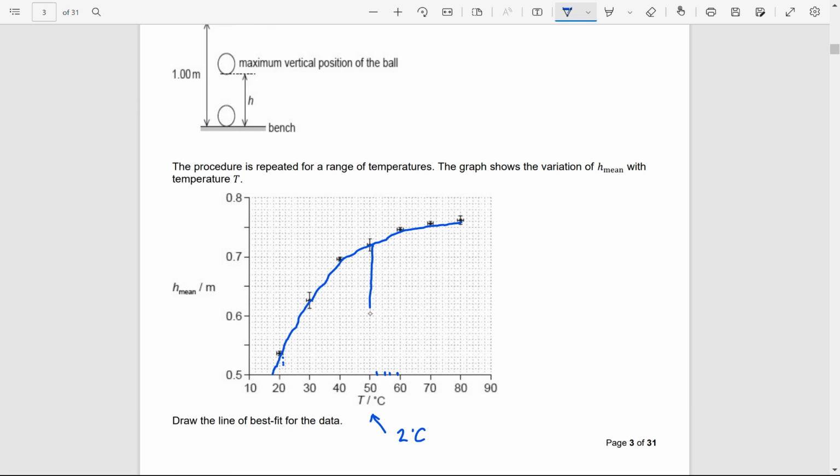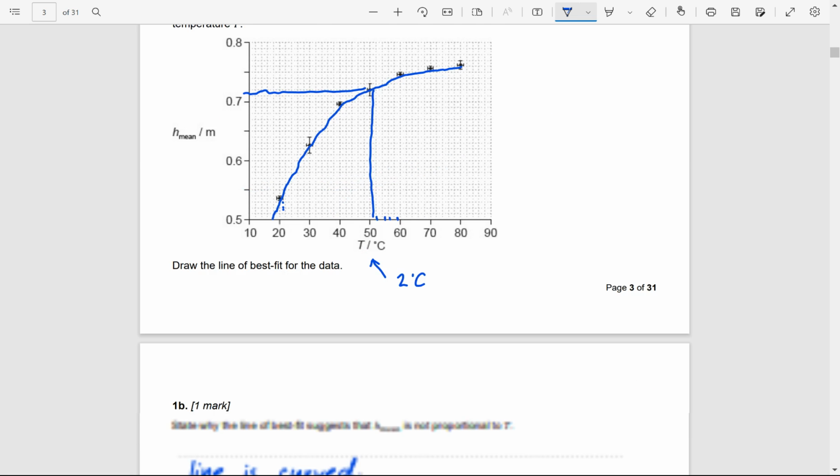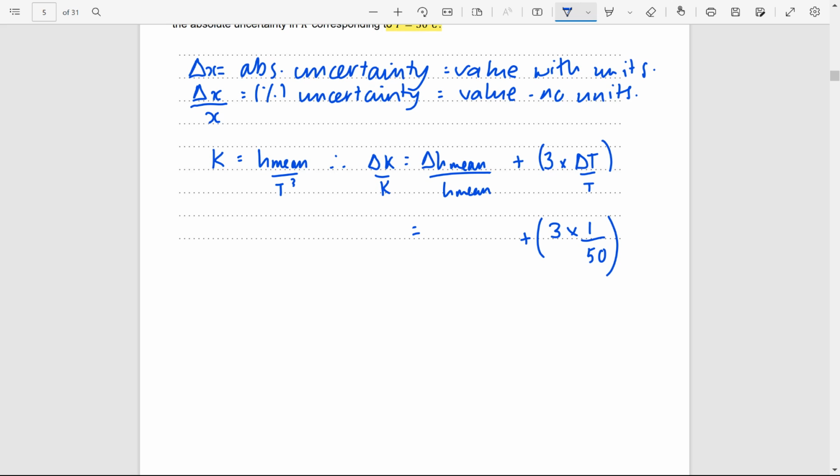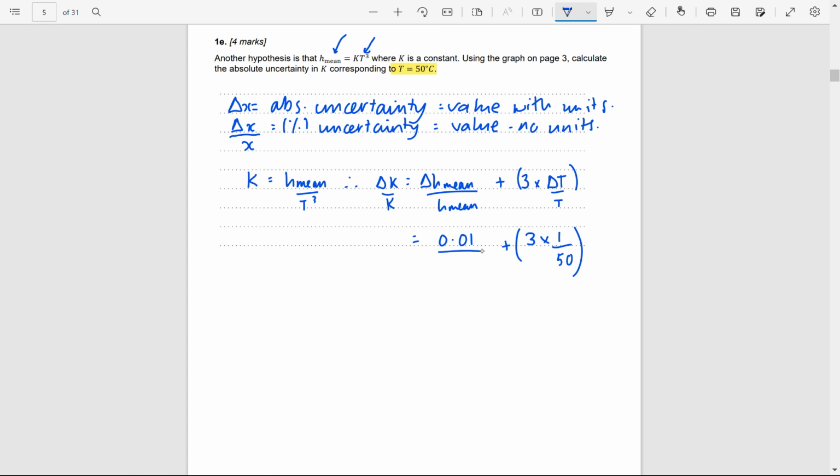So if I go along here, like that, and read it off, it's 0.72, and it's plus or minus 0.01, that's the uncertainty. That's the increments in the graph, divided by 0.72.